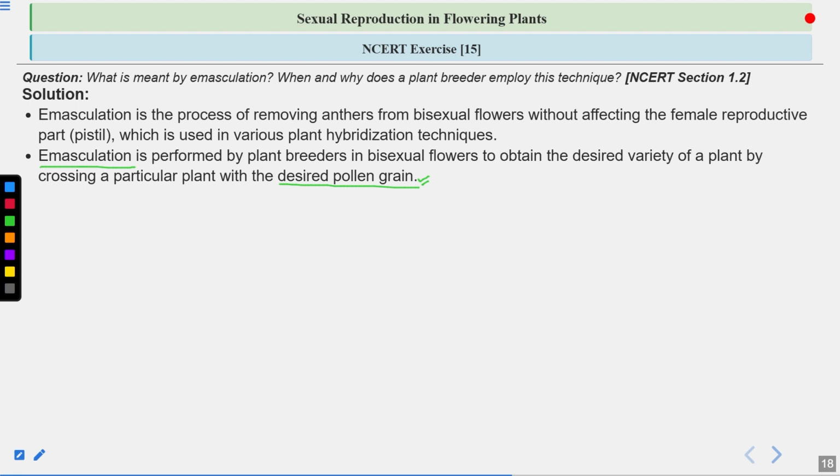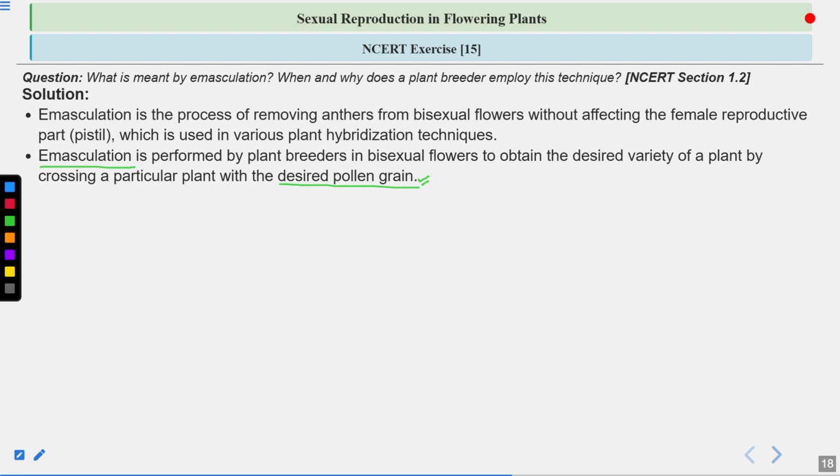So why have we done this? Because we already have some desired pollen grain. One flower you have already taken in which you have done the process of emasculation. Now you have another flower from the desired plant, right? So you will collect the pollen grain from that desired plant's flower, because you want that pollen grain to fall on the first flower which you have emasculated.